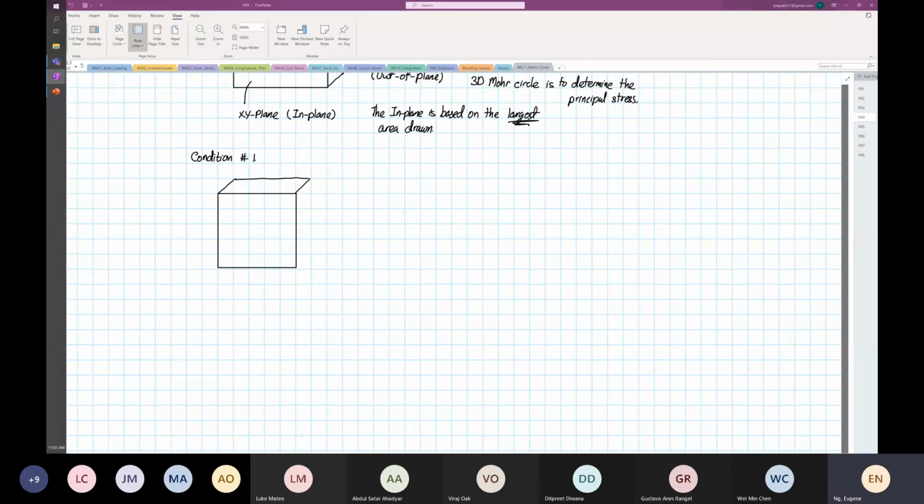This is our element, with stress X, stress Y, stress Z. Condition number 1 is where stress Z is equal to 0, stress X is greater than stress Y, and both are positive.